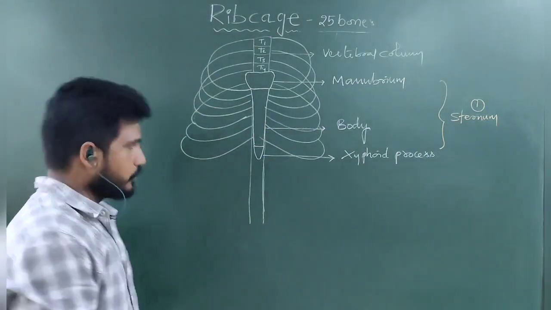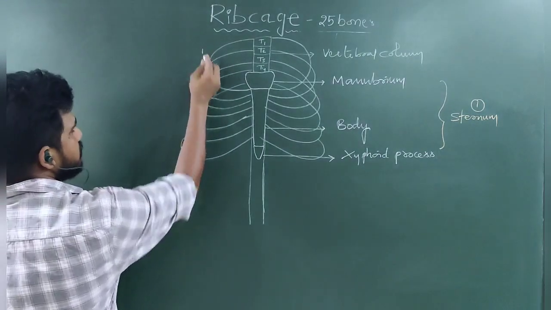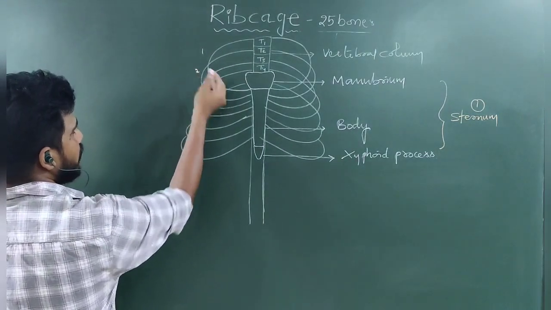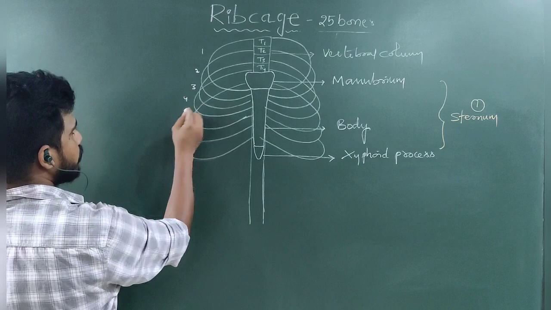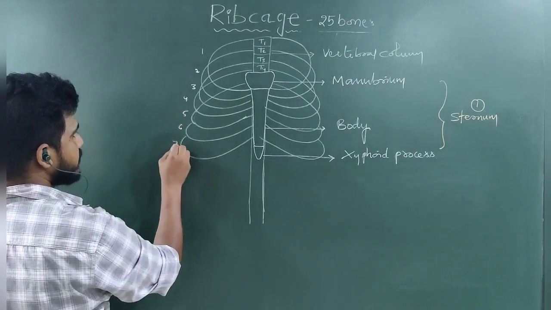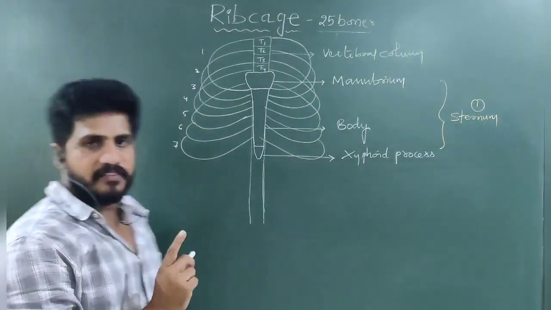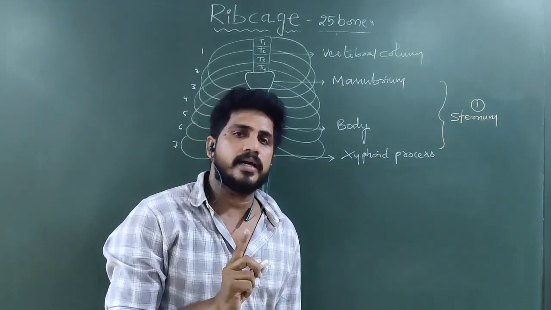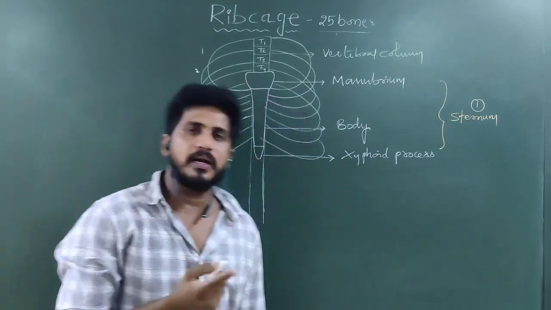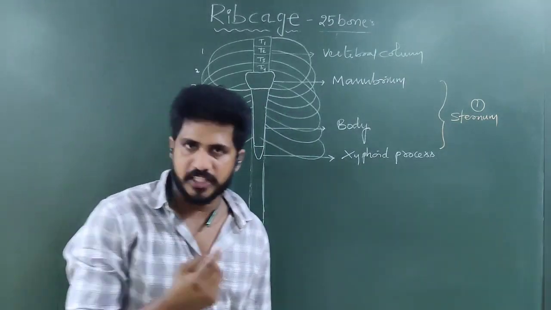So these are the 7 bones. If I label, this is the first one, the second one, all are in pair, third one, fourth, fifth, sixth and 7th. All these 7 rib bones are dorsally connected to the vertebral column and ventrally connected to the sternum.